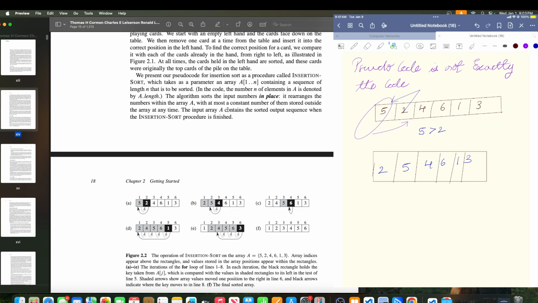Now we check 5 with 4, and swap them, so we get 2, 4, 5, 6, 1, 3.